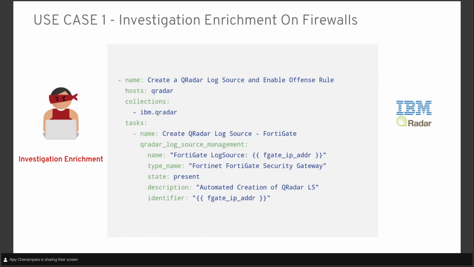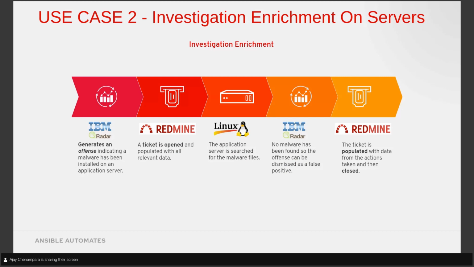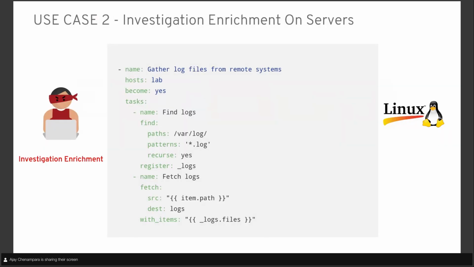And here's another example, right? So instead of the endpoint being firewalls, right? If you need to forward logs from your servers, right? A playbook can be written to simply collect all the log files from all the web servers in the DMZ, for instance, and send it to the SIEM, right?